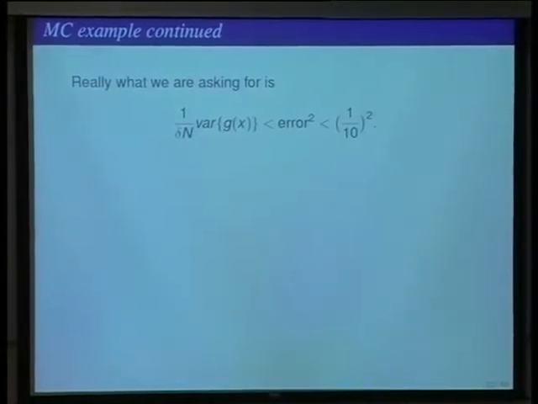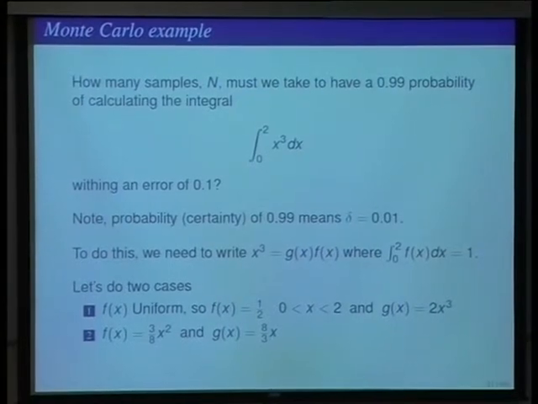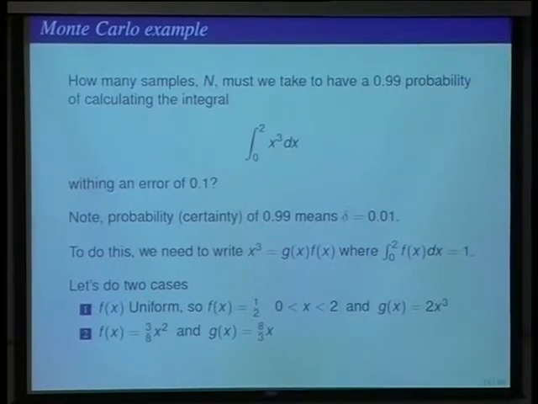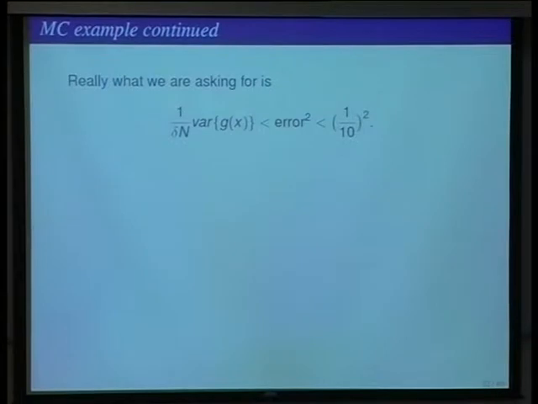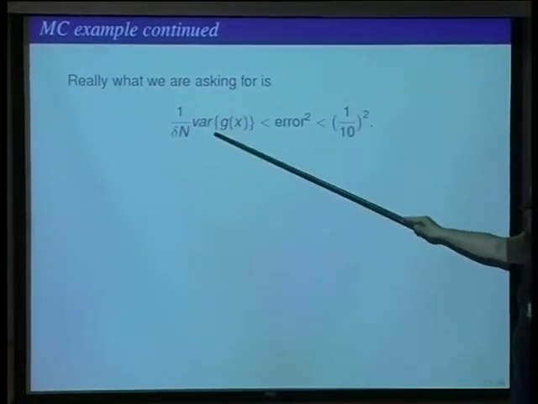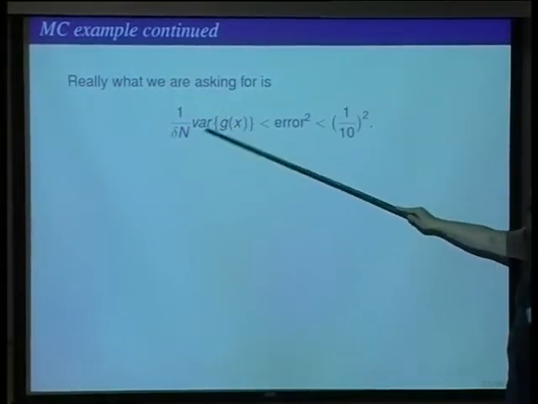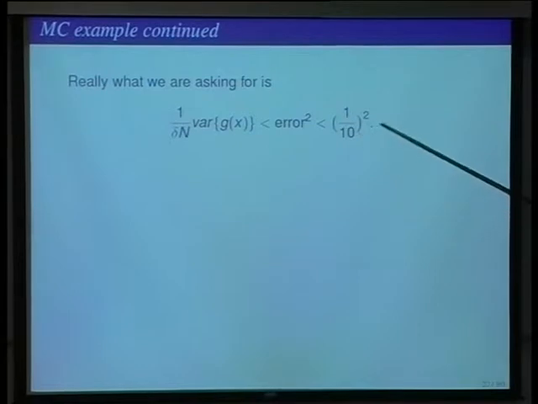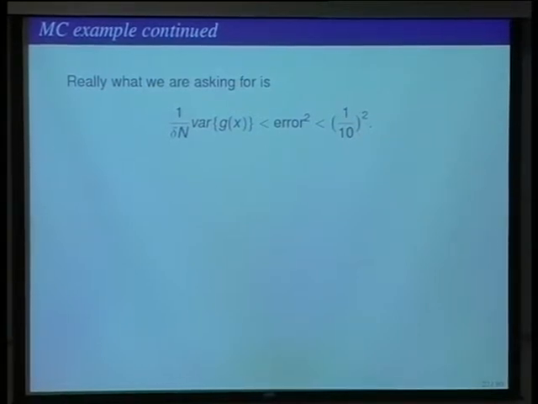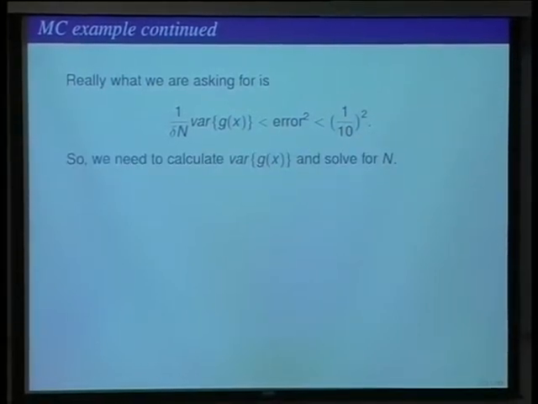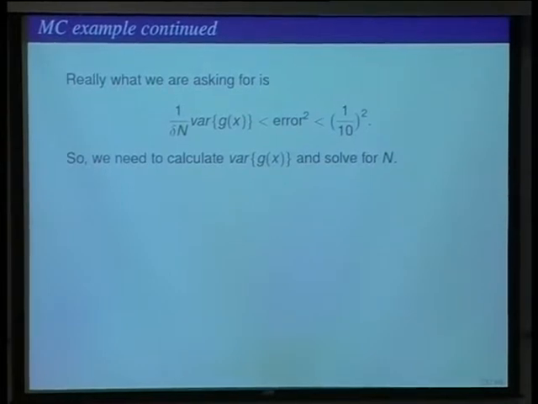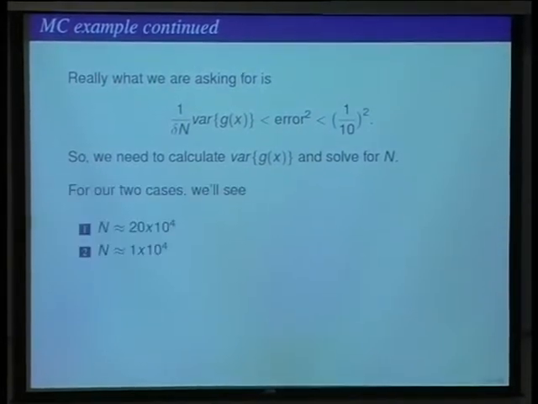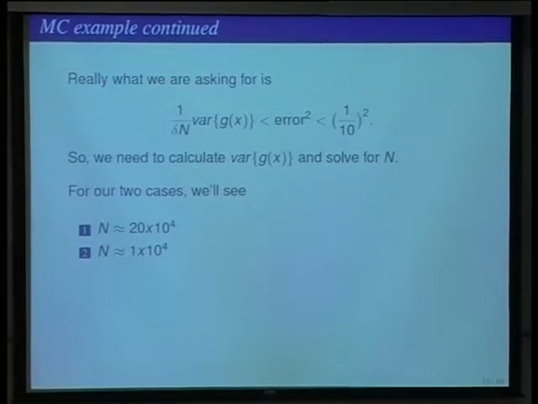Remember, what we're asking for here is how many samples are we going to need? How many samples will we need to take? So really what we're asking for is this error squared term, the variance of g over delta n, to be less than 1/10 squared. So we need to calculate the variance of g and solve for n. Okay, so this is another homework for you.